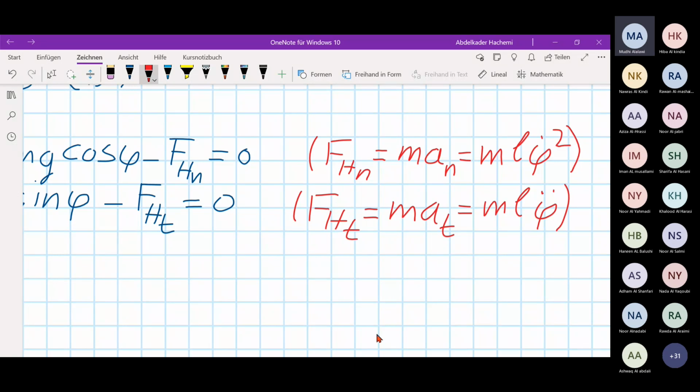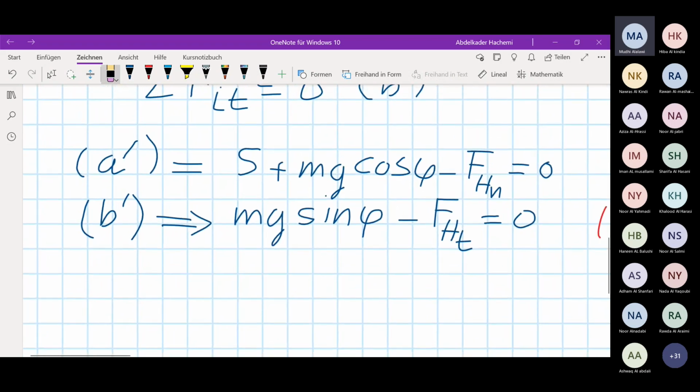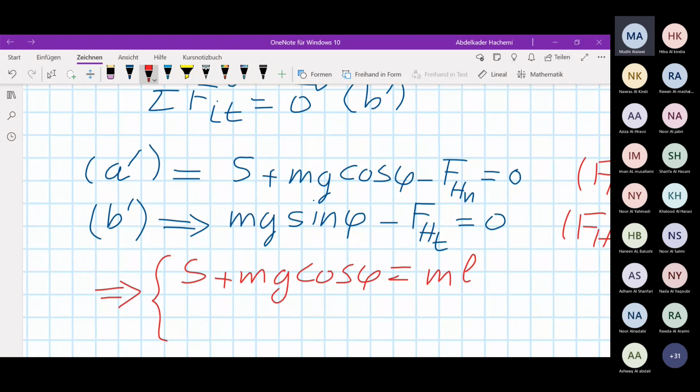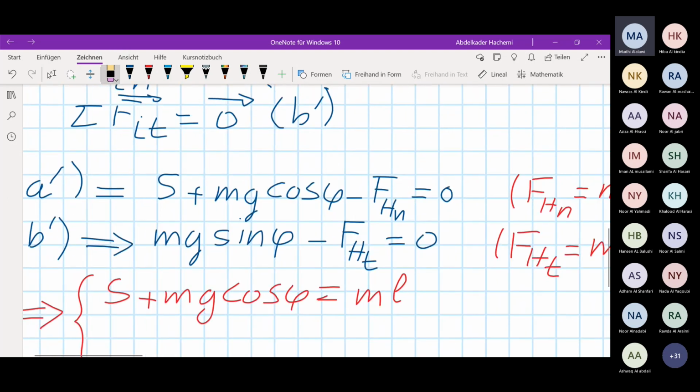Okay, then we now have the two equations. Here, with the same principle, the first is S plus mg cosine phi equal to mass L phi dot square.